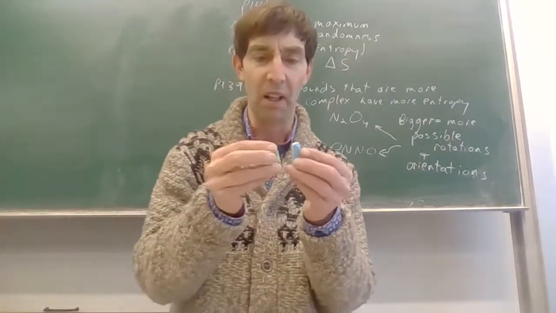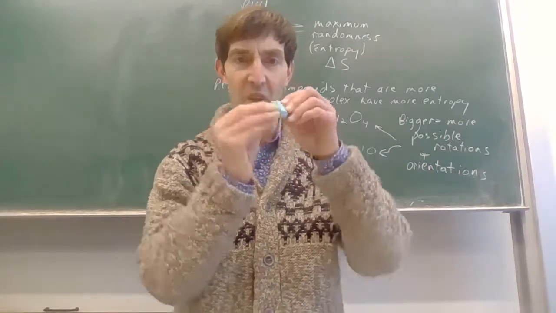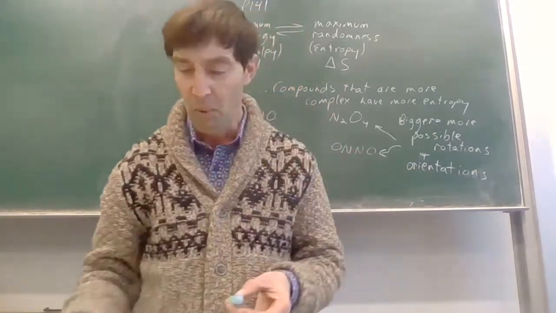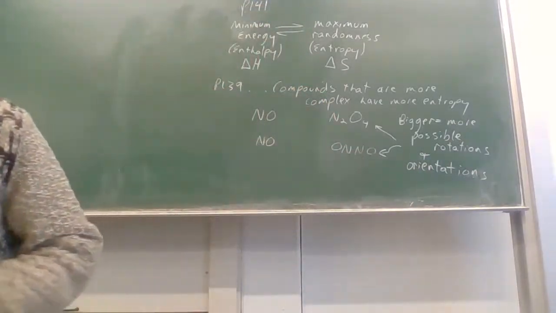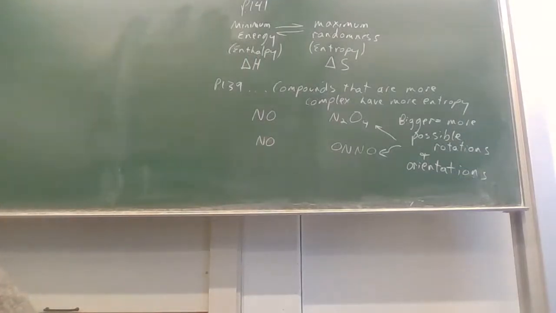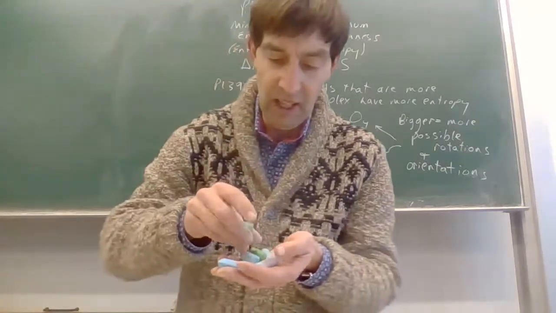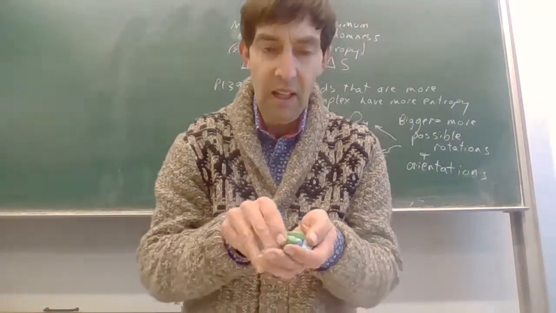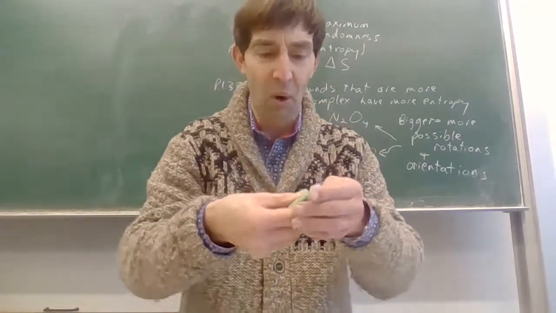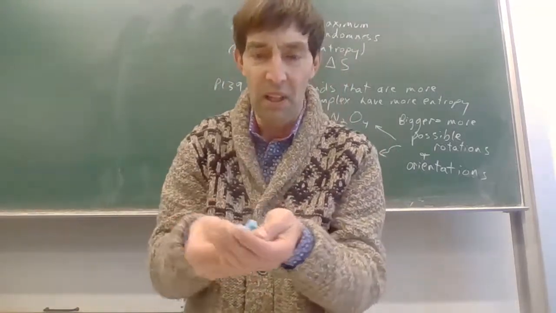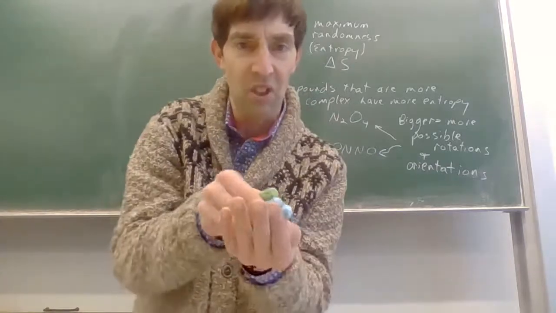Here's my NO molecule. There's not a lot it can do. But once I get into N2O4, I don't know how I'm going to do this, I need like 8 pairs of hands. It can rotate and be oriented slightly differently, even with the chemicals still bonded together.